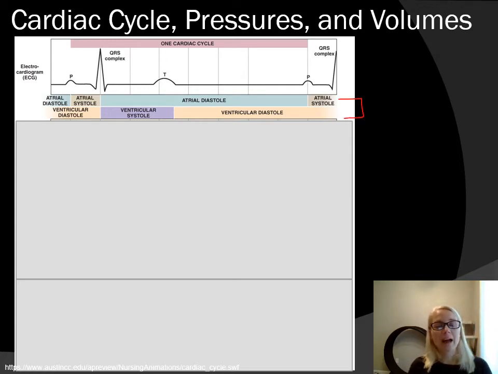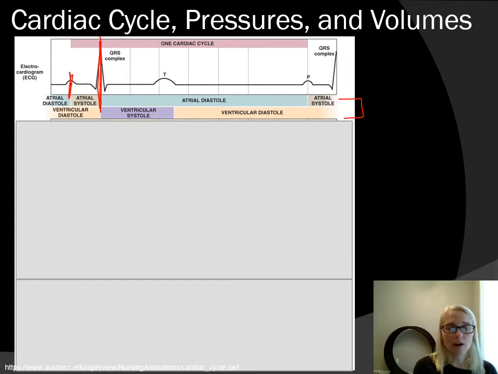Okay. How does the EKG line up with those stages? Well, P wave, remember, was the depolarization of the atria. And if I were to draw that line straight up and down, the contraction, which is a systole, starts about halfway, right at the peak of that P wave. Just like ventricular contraction starts at the peak of the QRS complex, kind of at the R, okay?